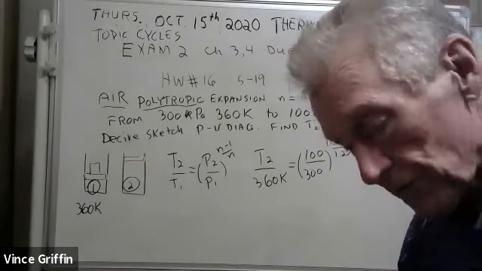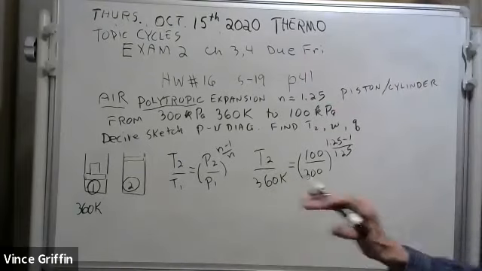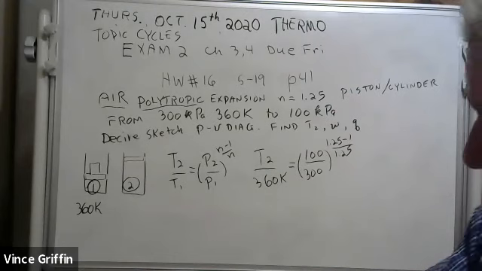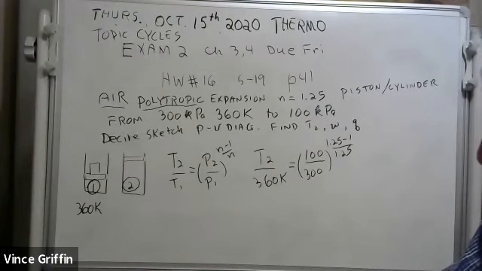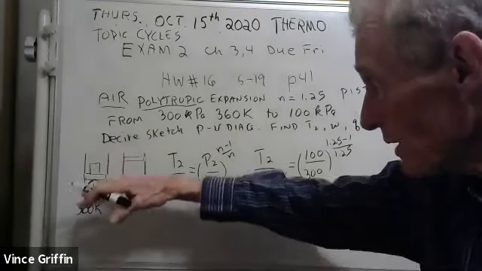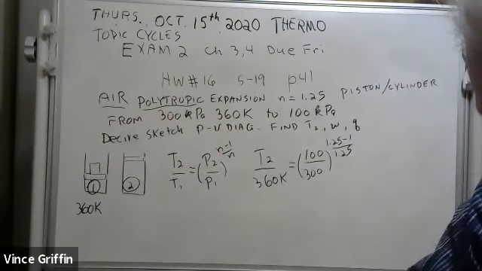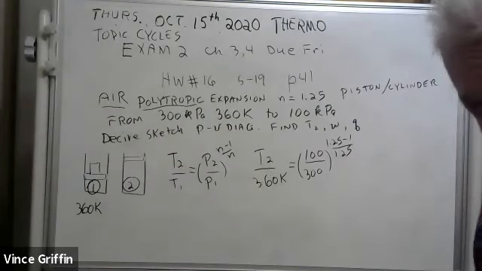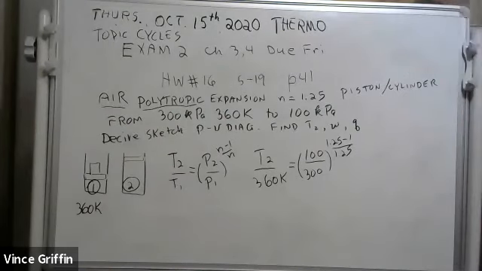I want you guys to find the temperature at state 2. It's going to cool off. You know that because when you remove that weight and it expands, air cools off. And then I'll call on one of my excellent students here. Go for it.